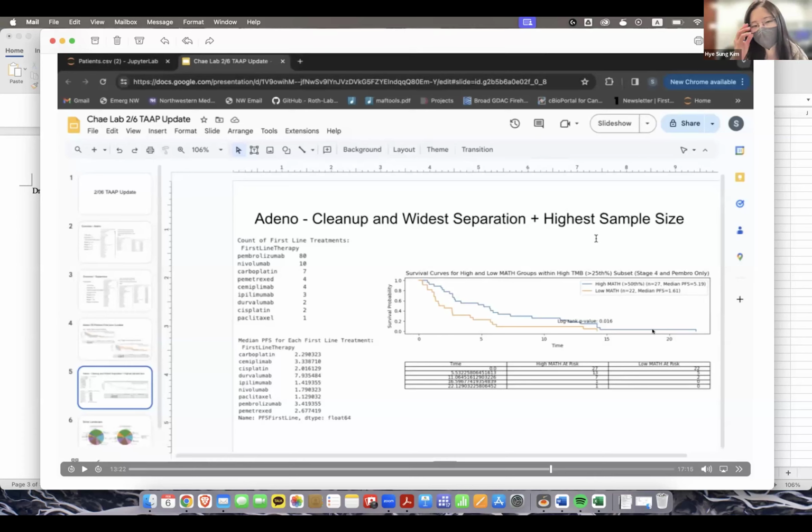And we also felt like we were playing with the data too much. Oh, okay, so you looked at OS, but it didn't yield any significant changes in outcome. And by the way, these are all stage 4 adenocarcinoma who received pembro with high TMB.